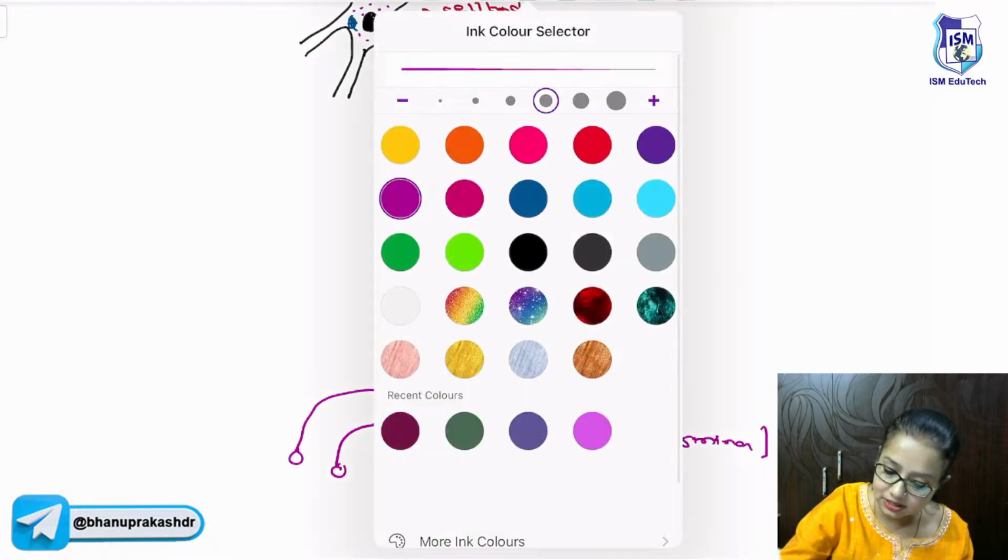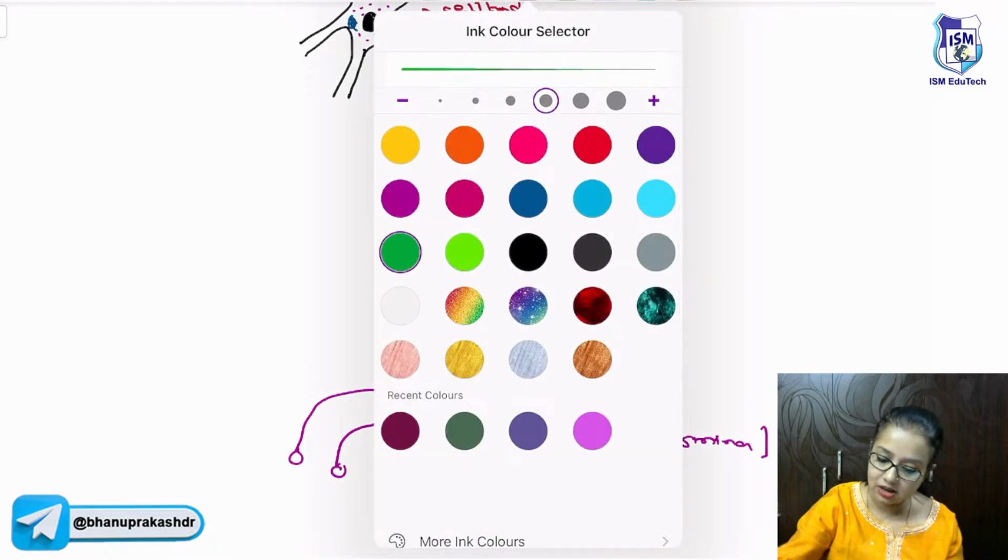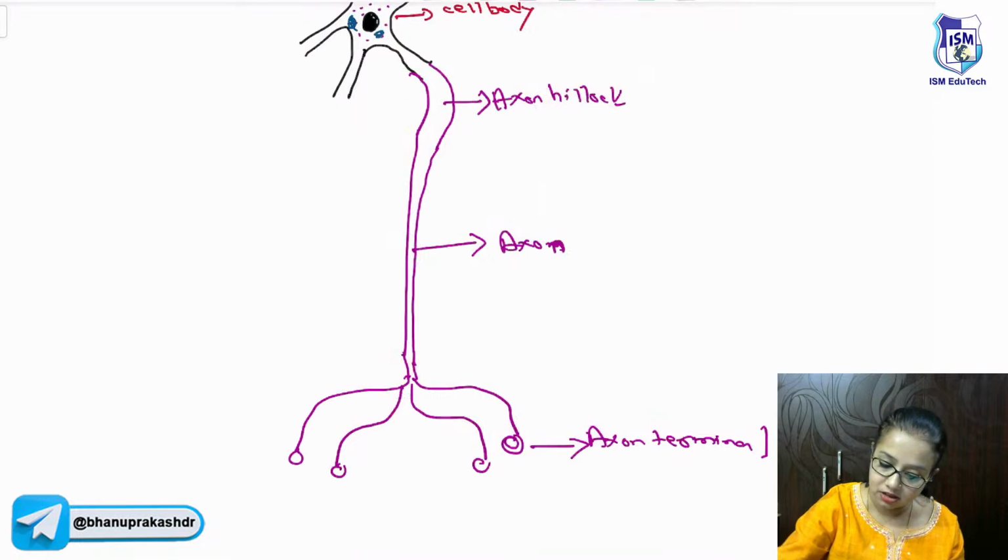On either side of the axon lies the covering sheath, which is called the myelin sheath. Now, it is not that all axons are covered with myelin sheath.